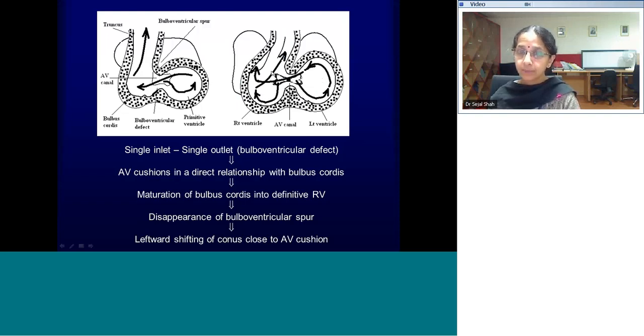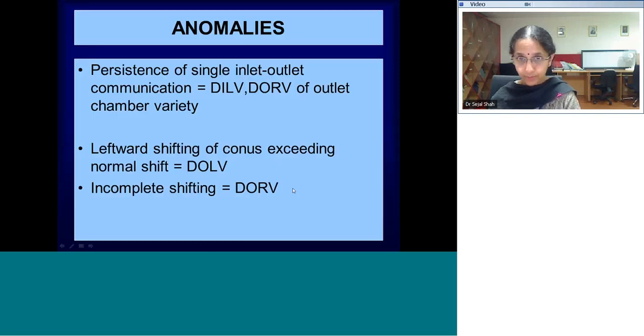If the leftward shift of the conus does not happen, then it's going to be more connected to the right ventricle than the left ventricle. So in this step, if there is a problem, then it's going to give rise to a double outlet right ventricle, sometimes a double outlet left ventricle.